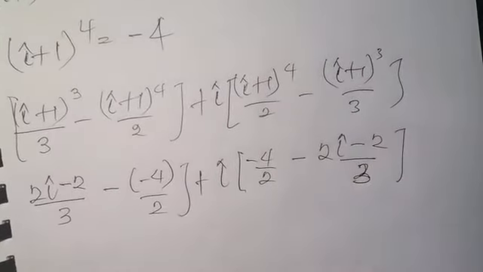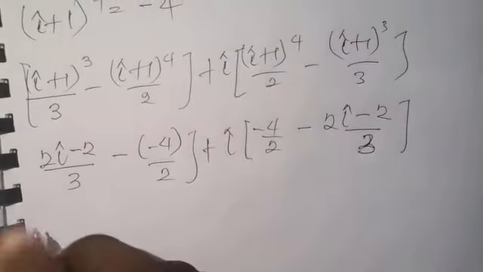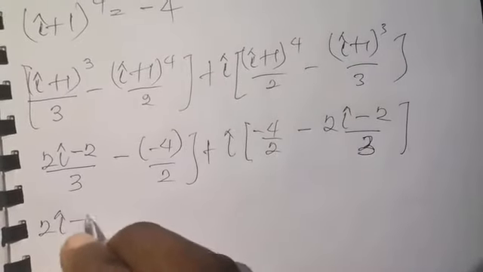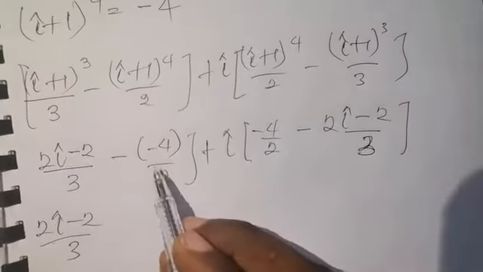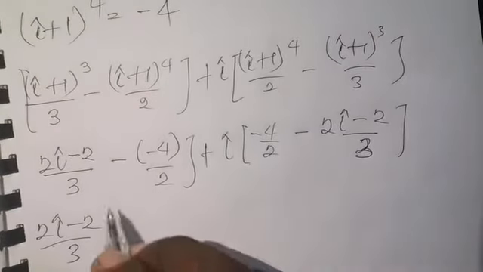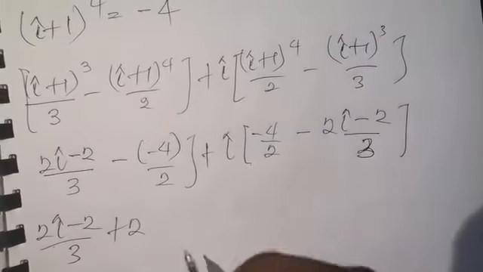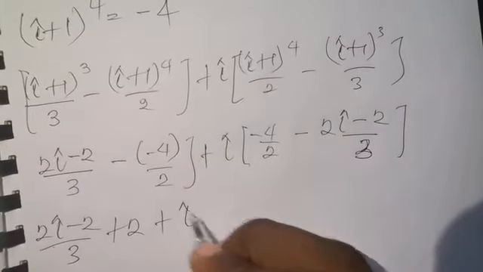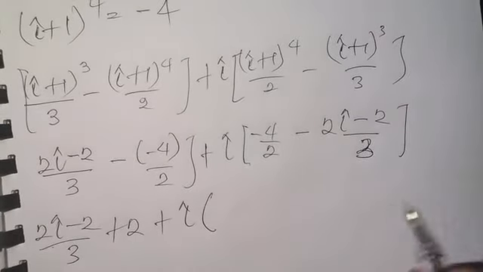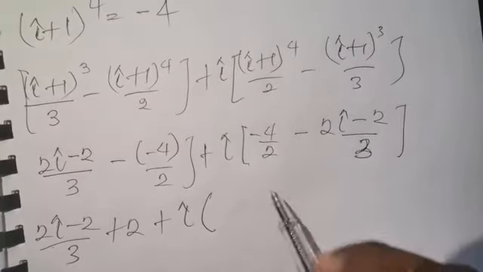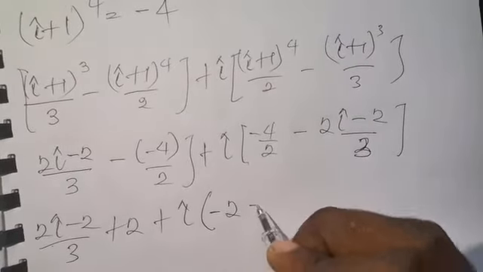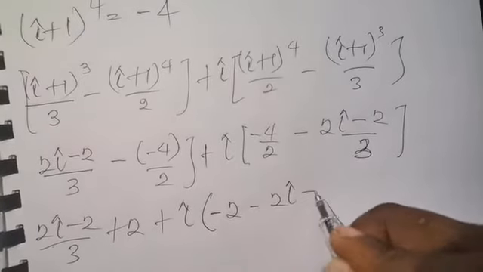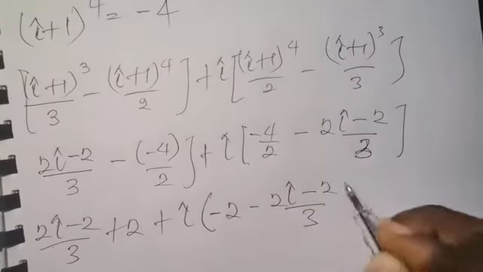Therefore, this is (2i minus 2) all over 3, minus minus here is plus, 4 all over 2 simply gives us 2, so I have plus (2 plus i) times, similarly, minus 4 divided by 2, that gives us minus 2, minus (2i minus 2) all over 3.